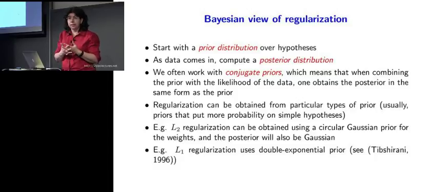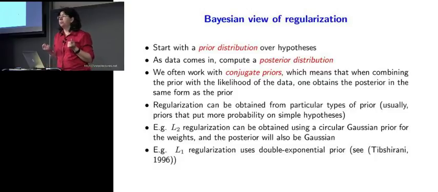We assume that the weights are drawn initially from a Gaussian of mean zero. With this prior distribution, we can then optimize for a posterior, and we obtain L2 regularization. Essentially, the MAP hypothesis is the one that you obtain by doing the L2 regularization.